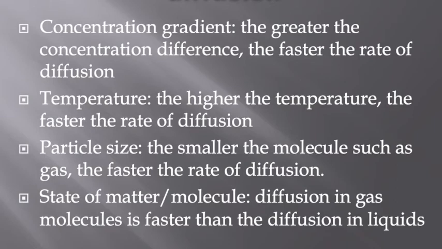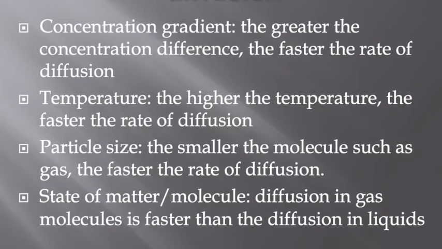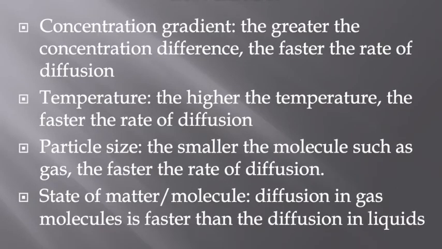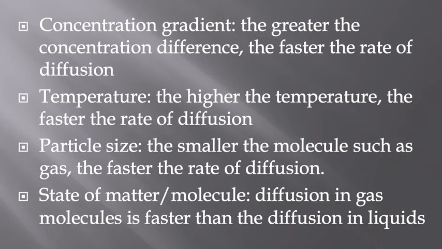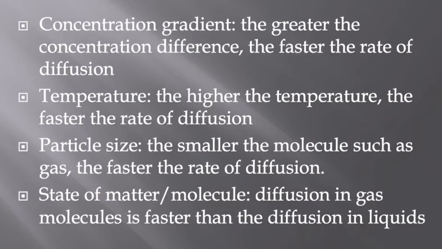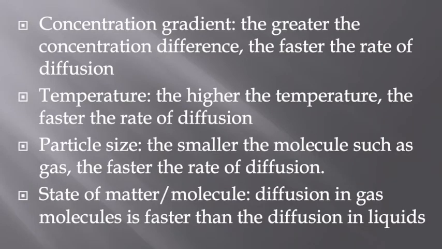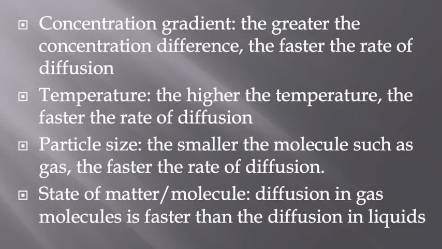And in solids, the particles are very close to each other, and so they cannot move. That makes diffusion in gases faster than the diffusion process in liquids. So the state of matter can also affect the rate at which diffusion takes place.